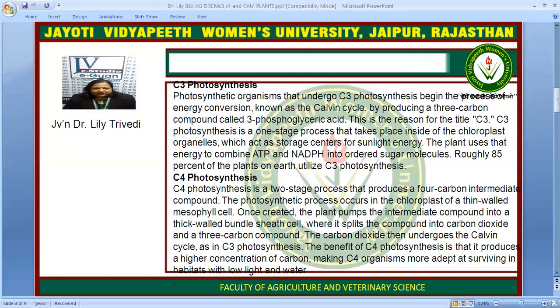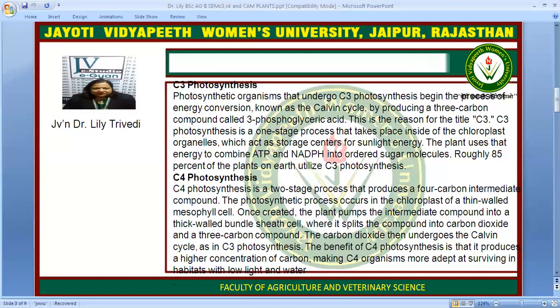Now C4 photosynthesis. What happens? In C4 photosynthesis, there are two stages. One that produces a 4 carbon intermediate compound. Now the photosynthetic process occurs in the chloroplast of, this is noteworthy, thin-walled mesophyll cells.